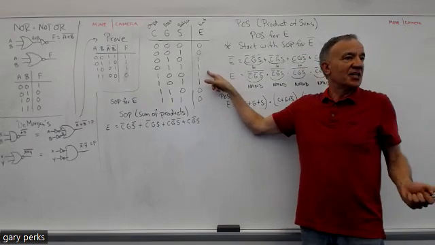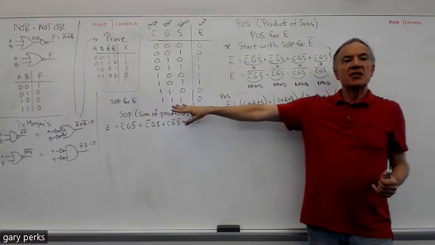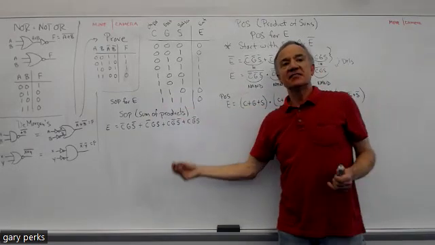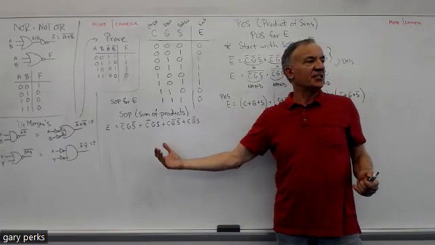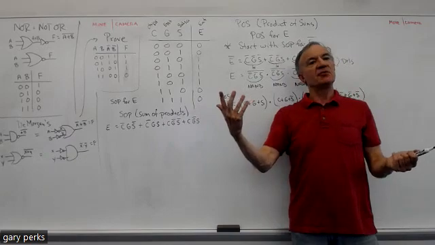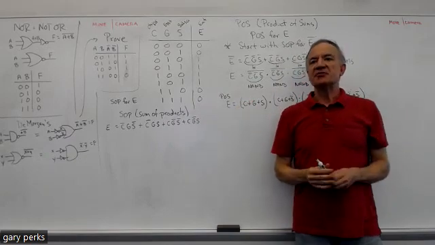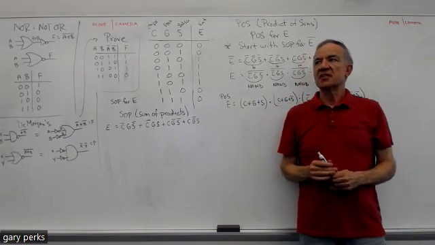They came from the same truth table. So sometimes an SOP will give you fewer gates than a POS. Other times, a POS will give you fewer gates than an SOP. So it's good to know both forms, because knowing both forms, you can get the most efficient logic circuit to give you the same result, which is the truth table.